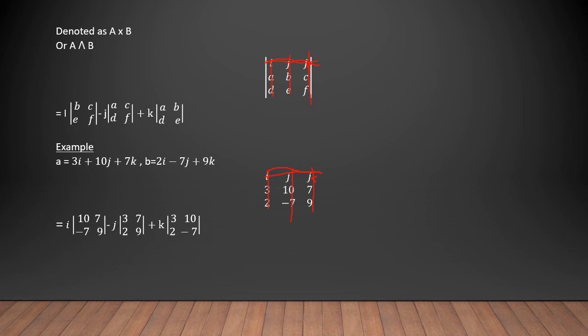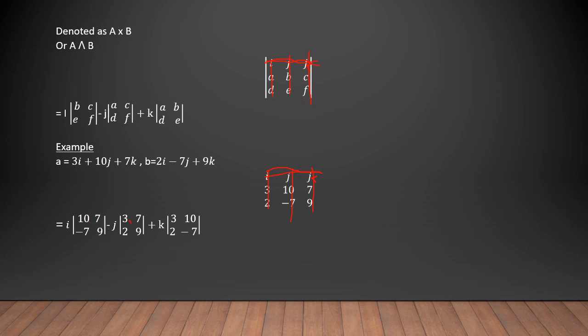So we simplify the determinants, which means multiplying 10 times 9 minus negative 7 times 7. Don't forget the signs of i, j, k. You see here j is negative, so don't forget this negative. You do the same here: 3 times 9, that's 27, minus, it's a minus sign here.